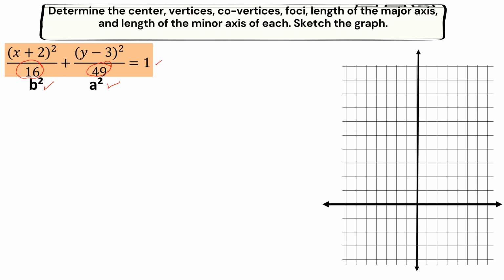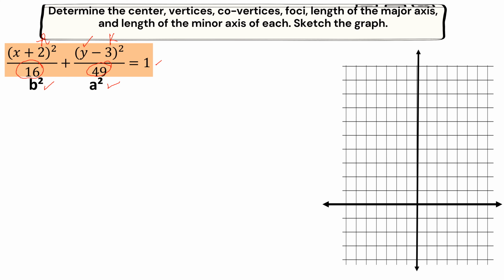Okay, so therefore, remember that where's your x, there is your h, and where's your y, there is your k. Now, the bigger denominator is 49 and our numerator is y. So if our numerator is y, thus our denominator is 49, the bigger one, meaning our ellipse will be vertically oriented.